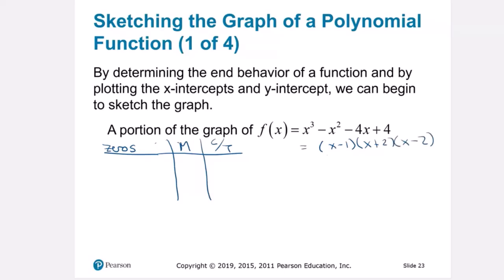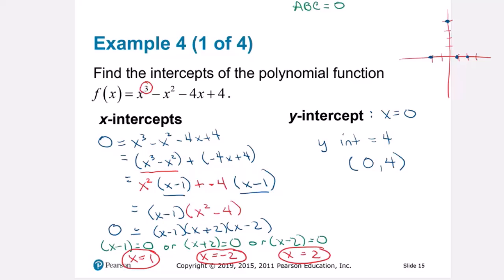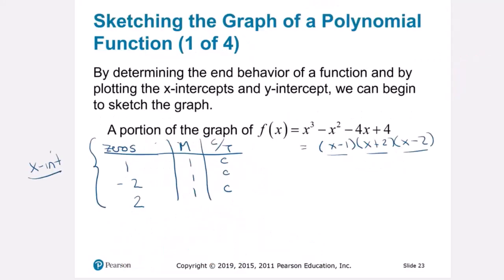My zeros are x equals 1, minus 2, and plus 2. And the multiplicity on all of them are 1, and they all cross. And our zeros are our x-intercepts. My y-intercept is equal to the constant, which is equal to 4.